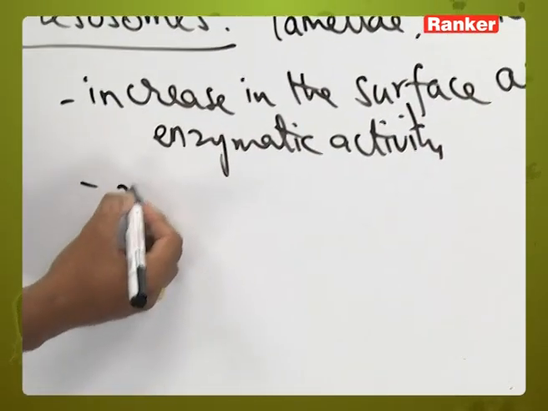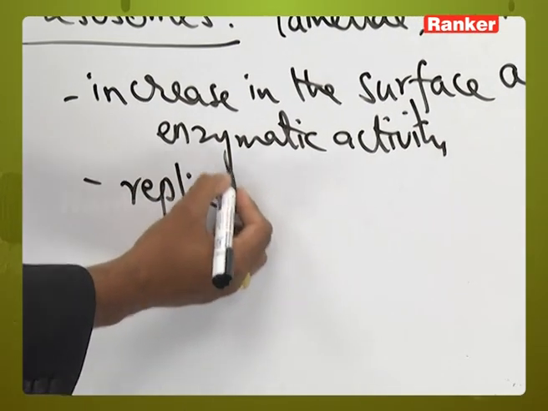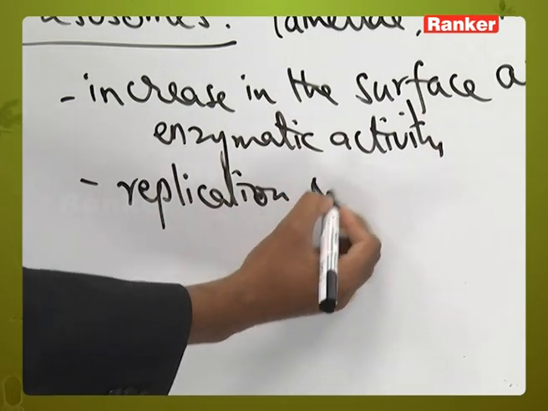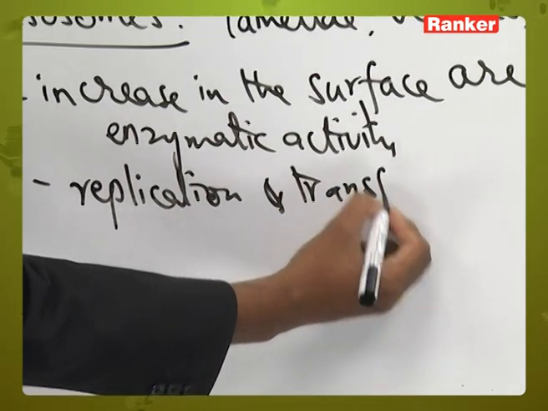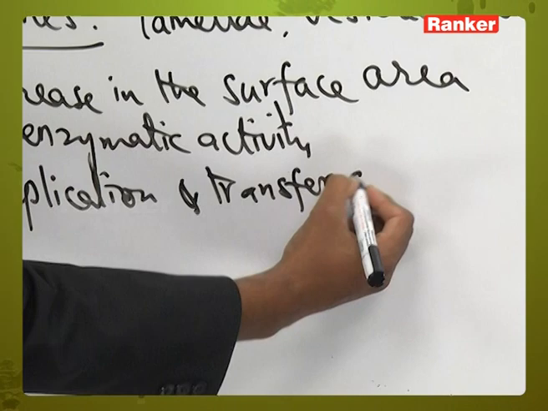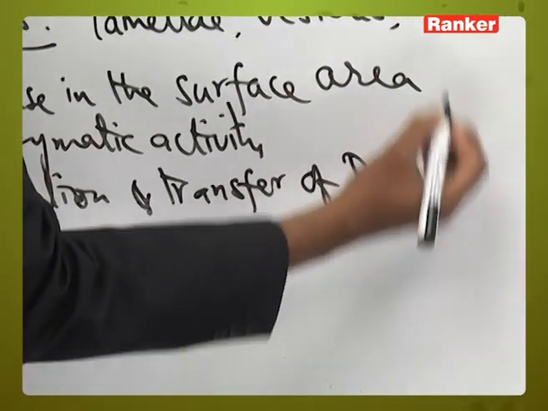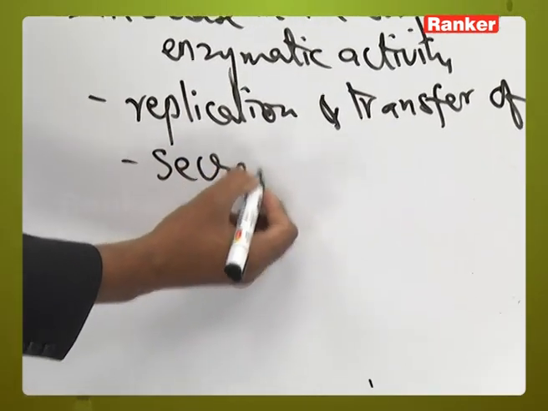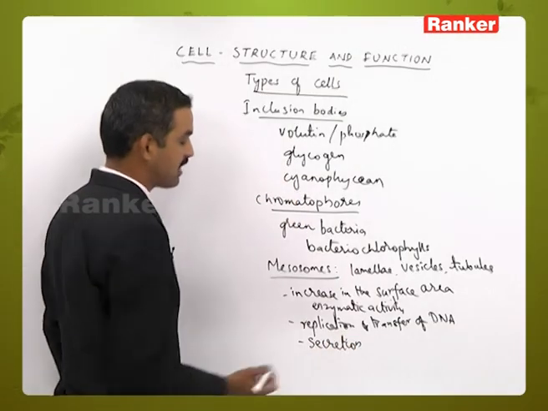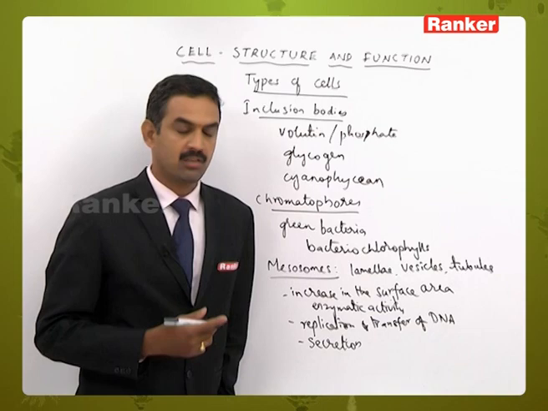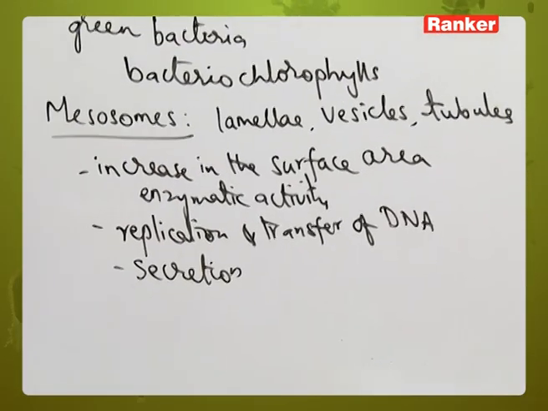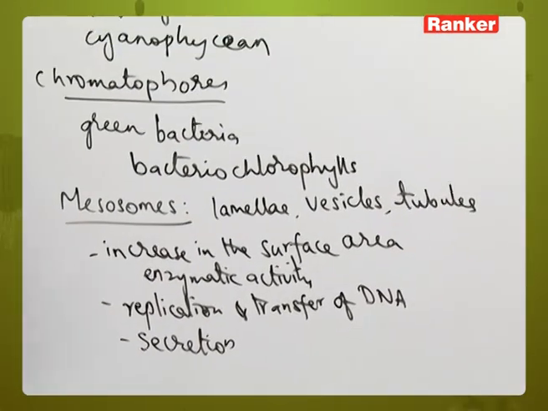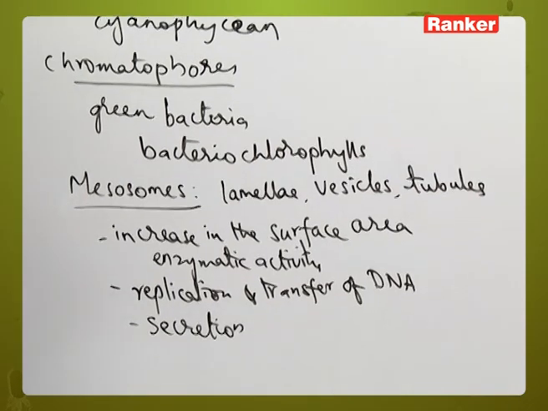Here replication of DNA and also the transfer of DNA to the daughter bacteria take place. It is also concerned with secretion, replication and respiration. So various functions are related to the mesosomes in the bacterial cell.